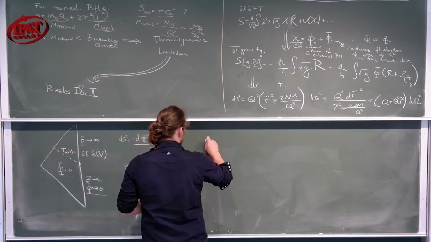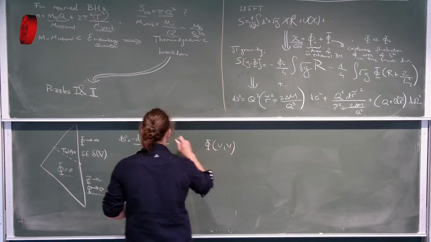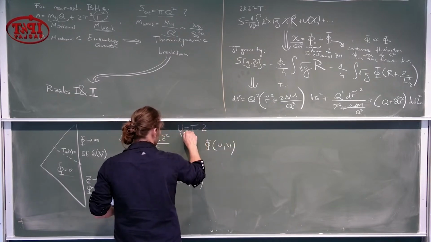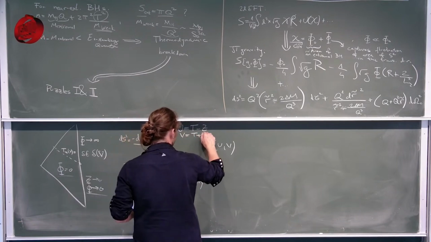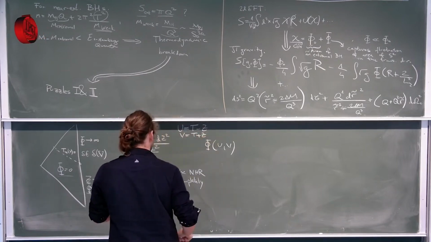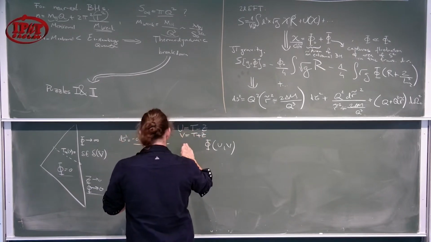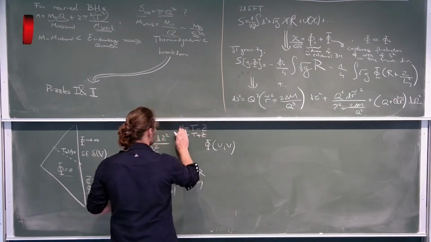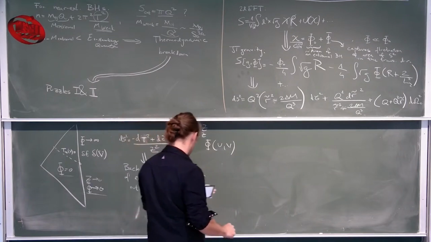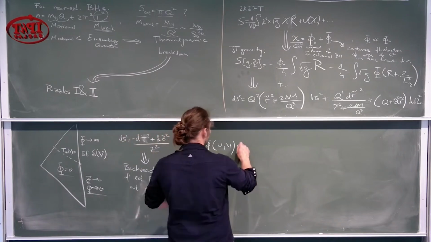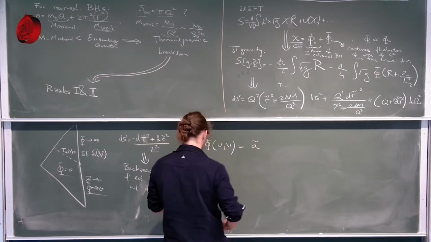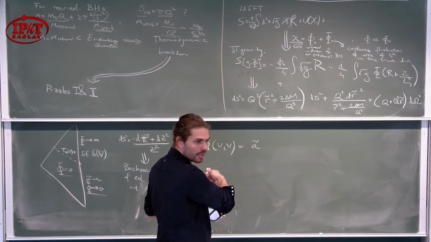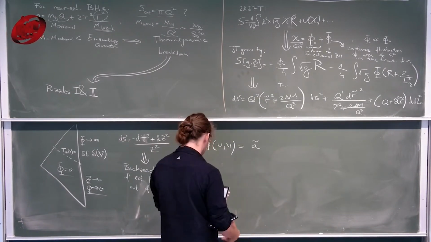You solve the equation of motion for the dilaton, and since you asked, I'll just rewrite the solution. So phi is a function of u and v. Here, I hope I remember correctly, u is t minus z, v is t plus z. Phi is a function of u and v. We found that it depends on arbitrary constants that should be set by the boundary conditions that we impose on the dilaton.